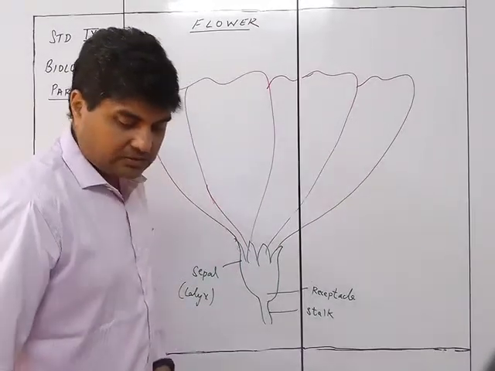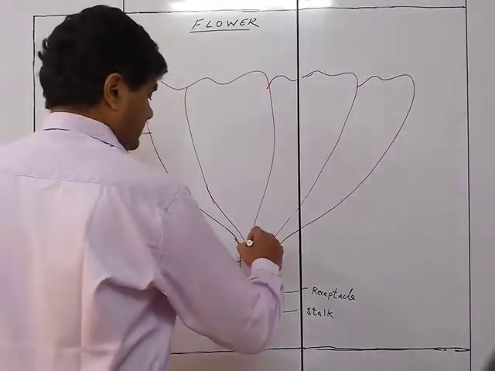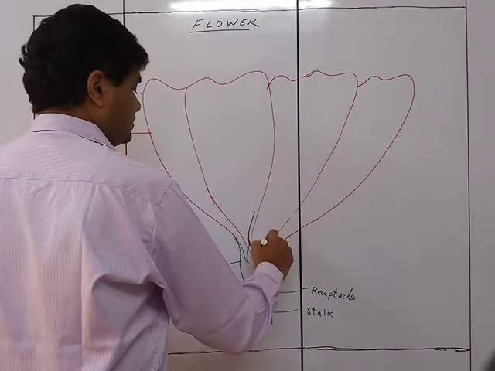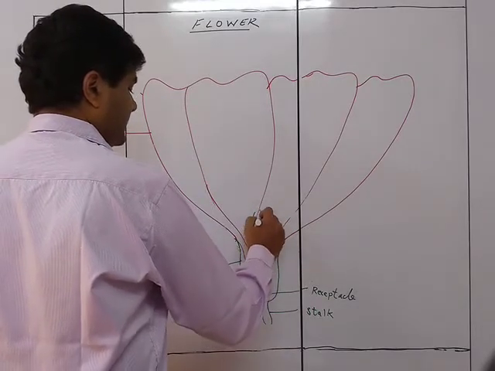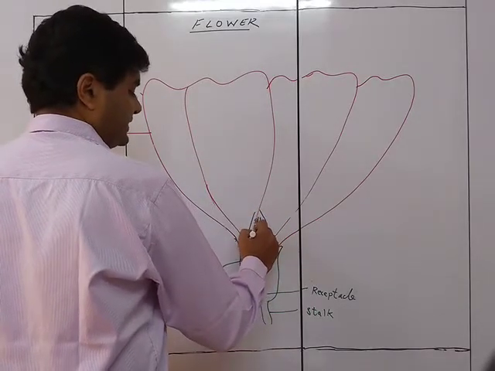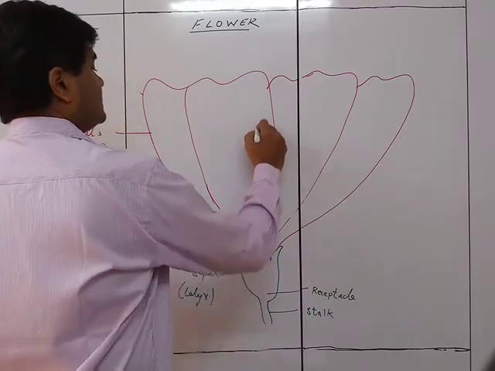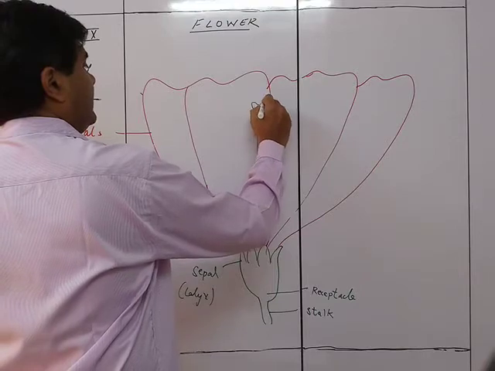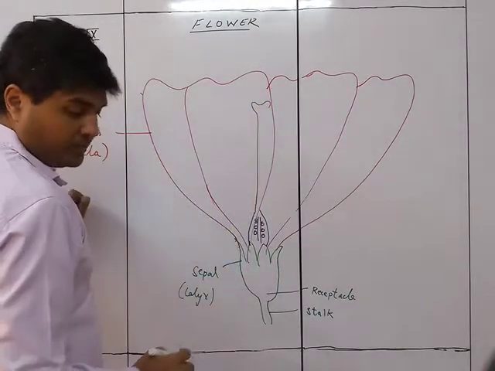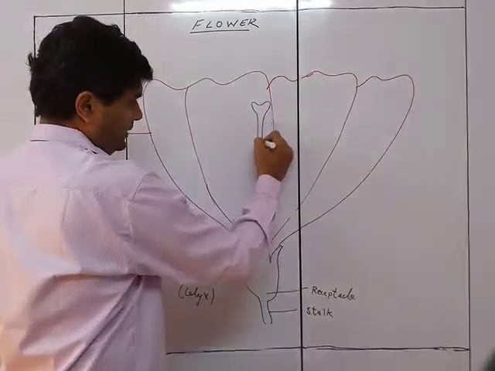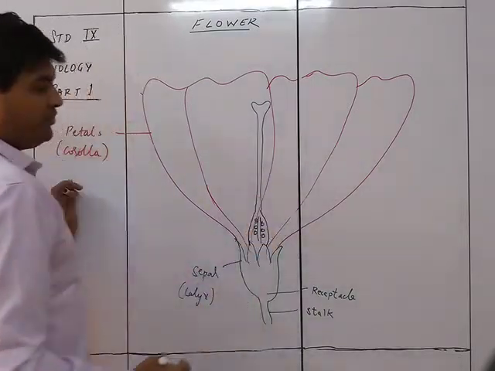Inside, there is this female organ which contains the eggs. These are the eggs we are drawing. This one contains a stem like this and then a seed like this. So this over here is the female part.